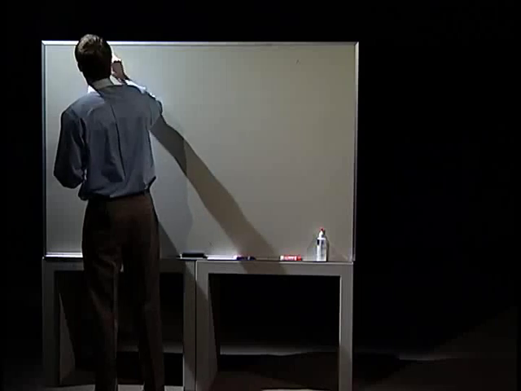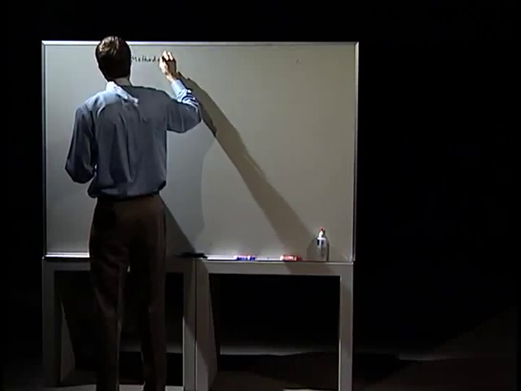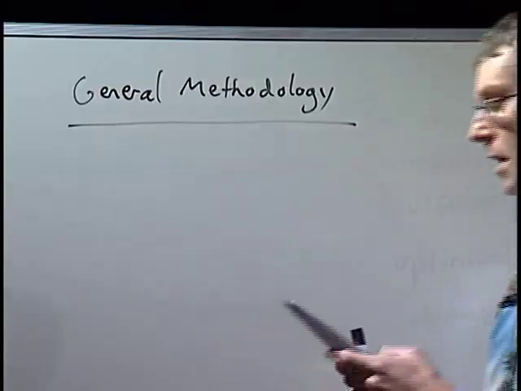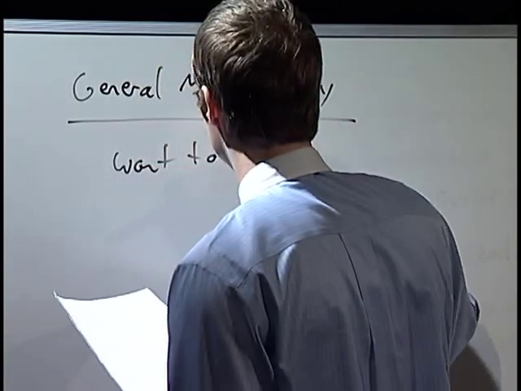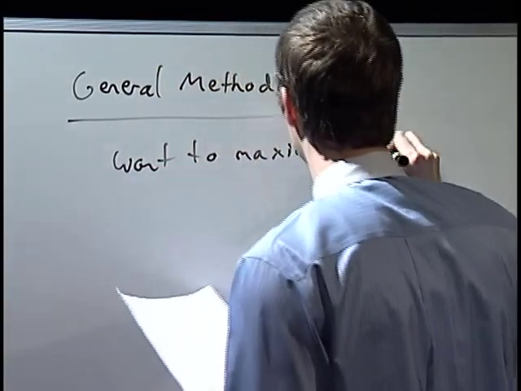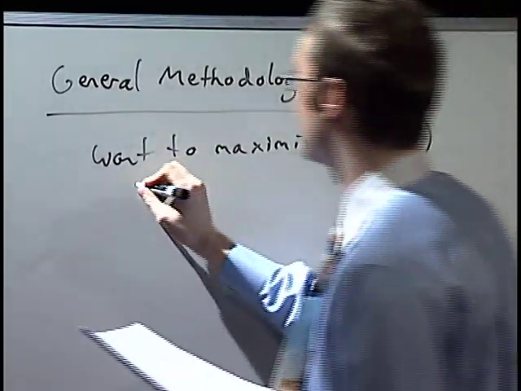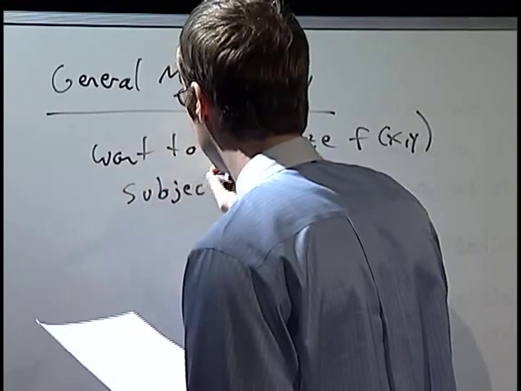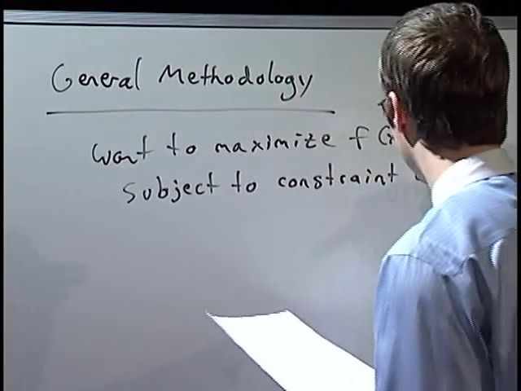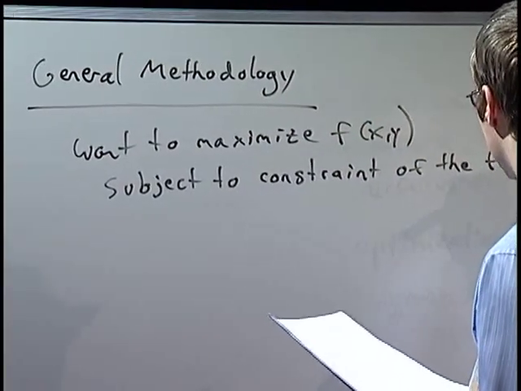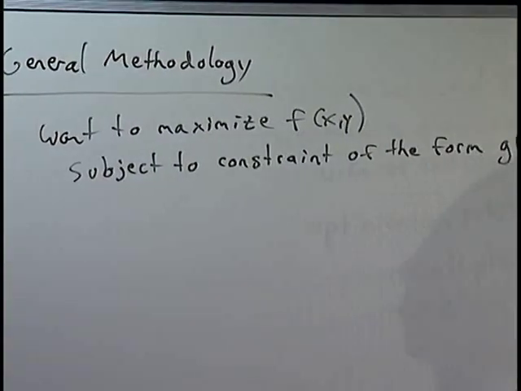So we've got general methodology. Okay, so you want to maximize some function of two variables, f of x, y. And you want to do it subject to a constraint of the form g of x, y equals k, right?